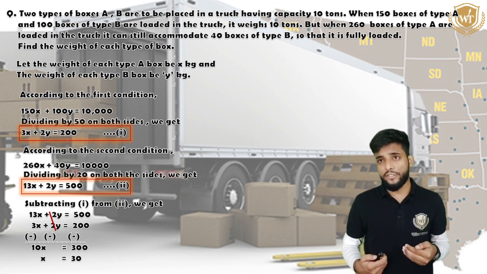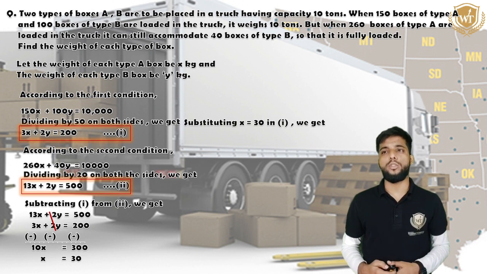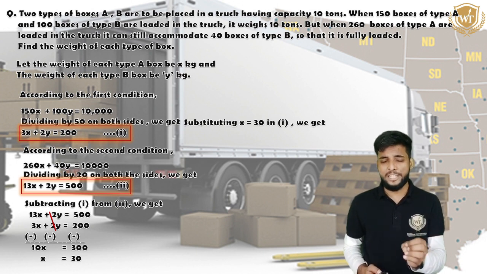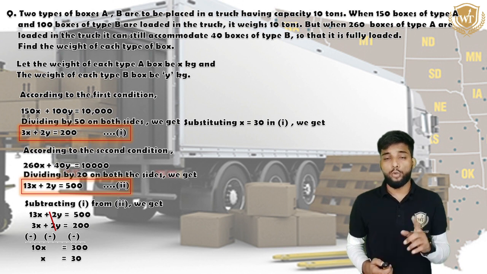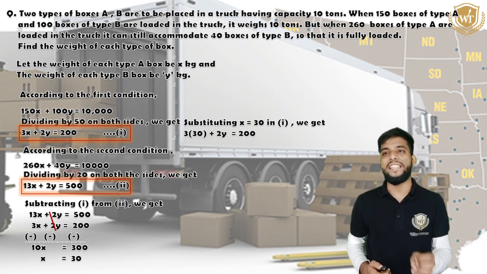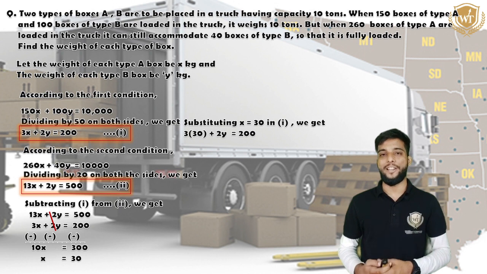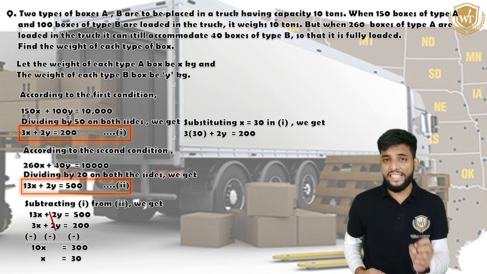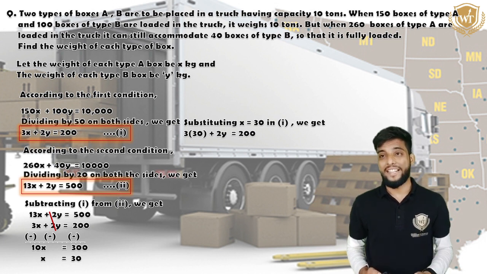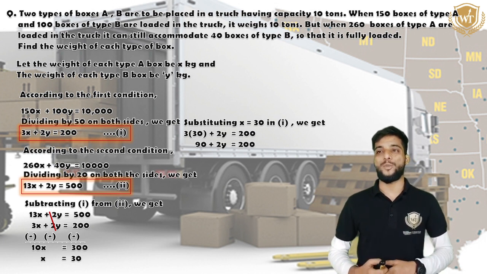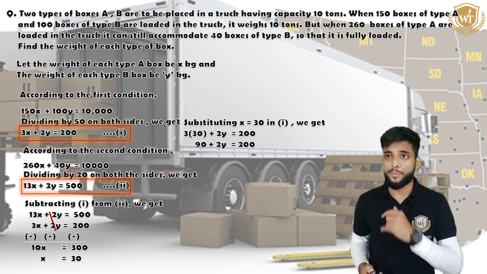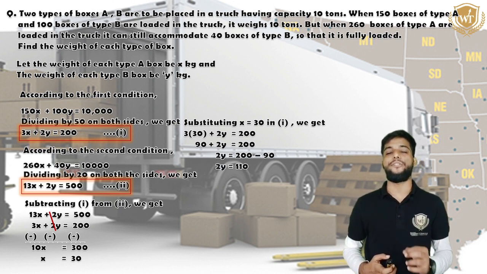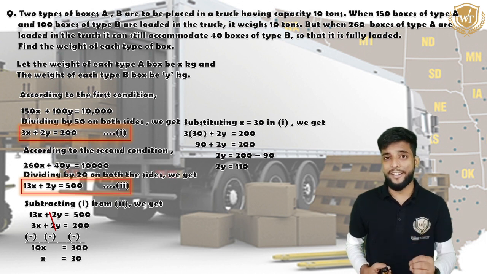Now once we have got the value of x, let us substitute this in equation number 1. So we have 3x plus 2y is 200, right? So 3x will become 3 into 30 plus 2y equals to 200 because x ka value was 30. So 3 into 30 will give you 90 plus 2y equals to 200. 90 को let us transpose, so we'll have 2y will be 200 minus 90 मतलब 110.